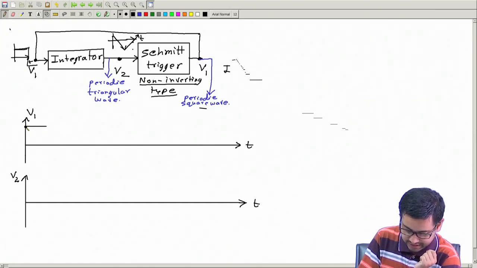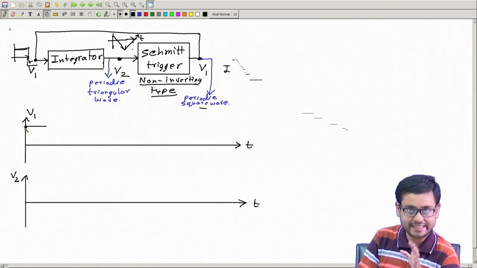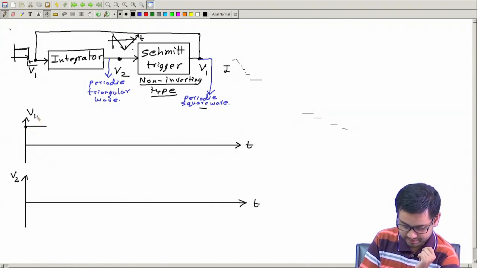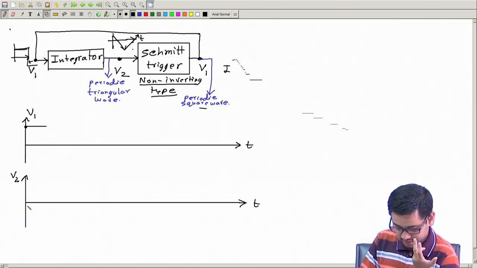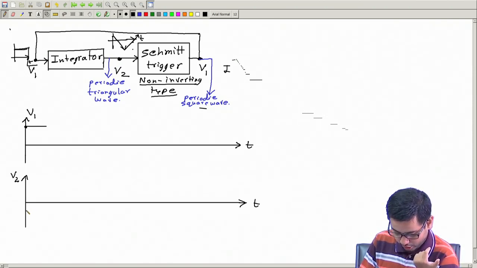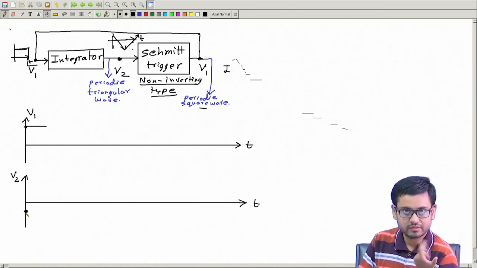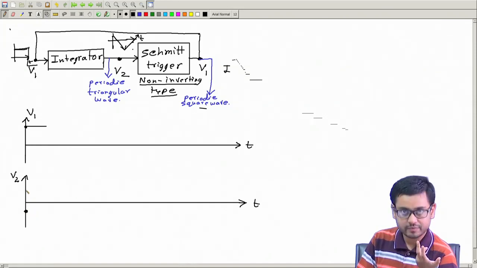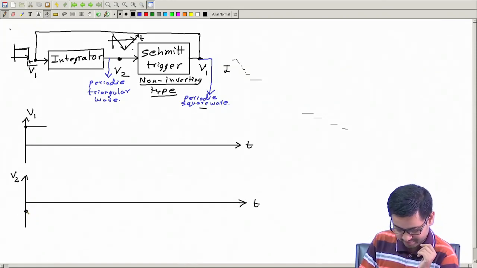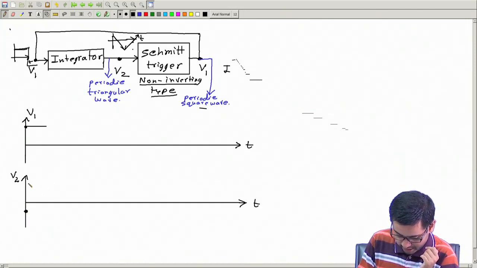So this is the assumption to start our analysis. And again we have to take some initial value of V2. Say this is the initial value of V2. We don't know exactly what the value is. It could be anything, negative or positive. Let's take this one. Okay, and let me mark two lines on this.